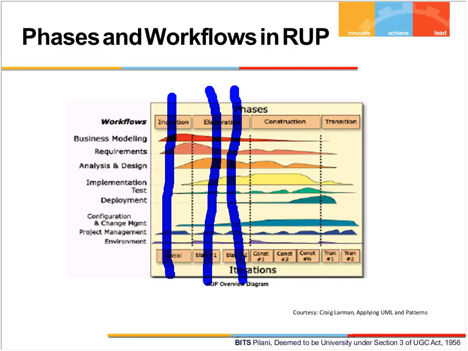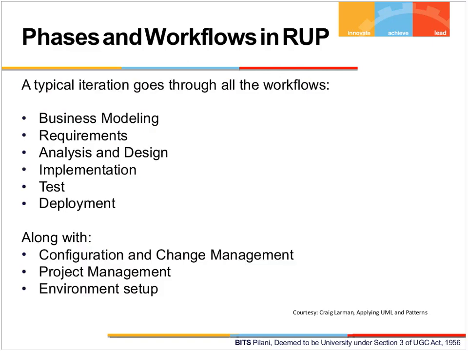Now on this side, these are the workflow activities which are being executed, right? Now in the inception phase, if you see this coloring, there is more of business modeling. So you see a peak of business modeling, and this peak goes on reducing as you move ahead through the phases, right?